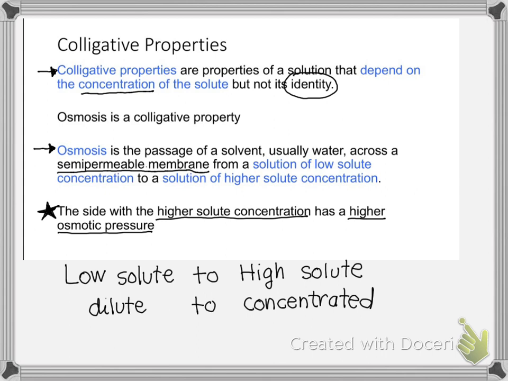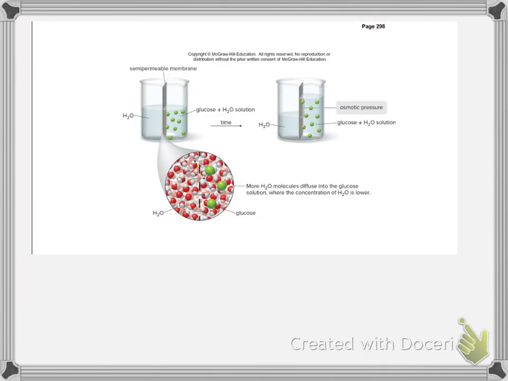Now, one thing I want to mention before we do, let's do it on the next slide. We'll talk about this image in just a minute. But what I want to say is the type of solute matters. I'm going to write that at the top. Oops, I can't spell type.